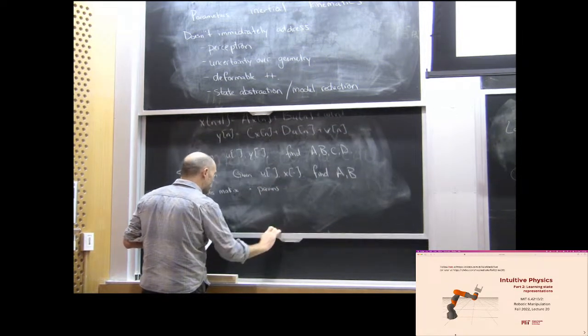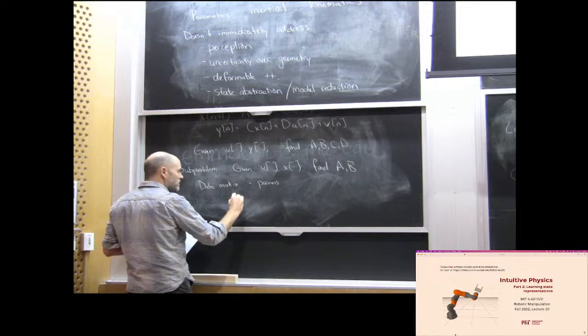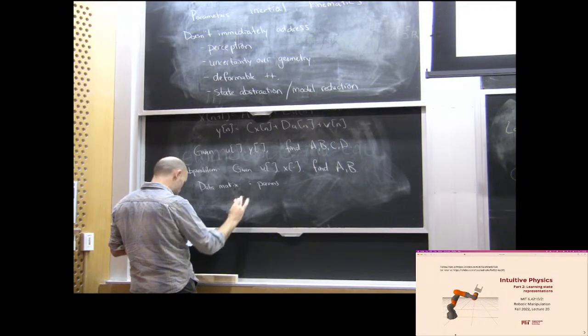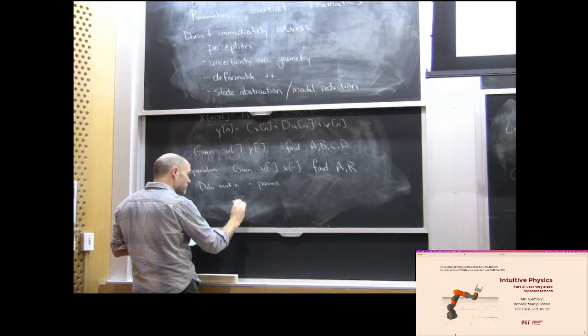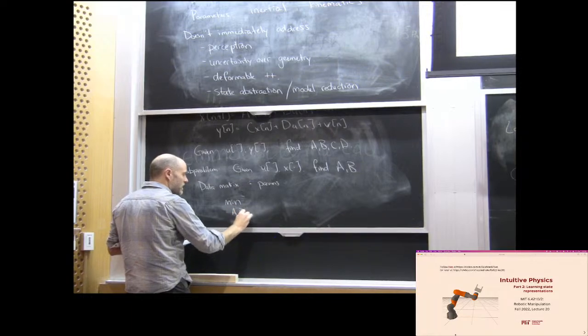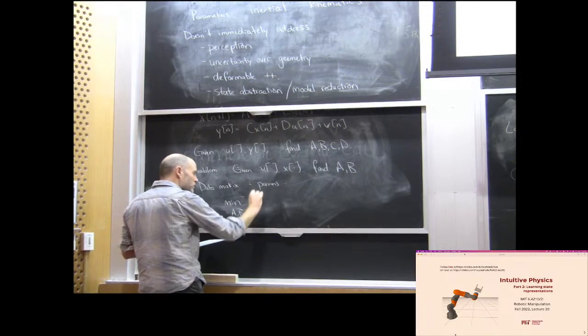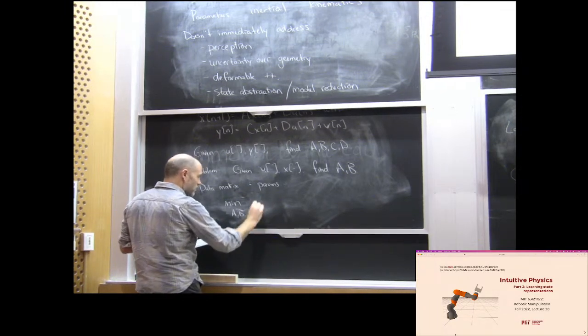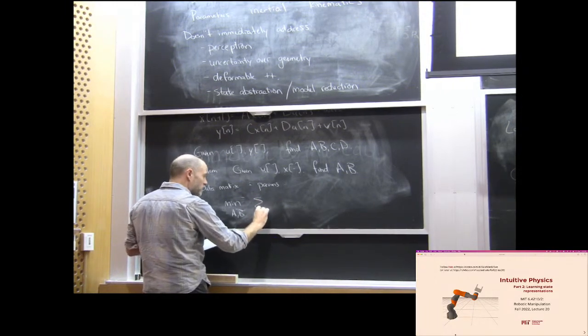Okay, and the way I'll write that is, I'm going to minimize over A and B. I'll write it in the rolled out form first, just to make it clear.